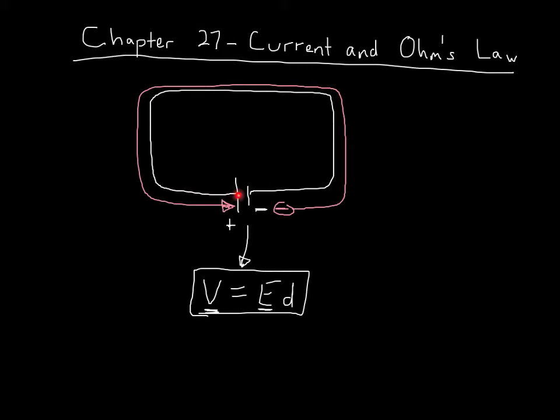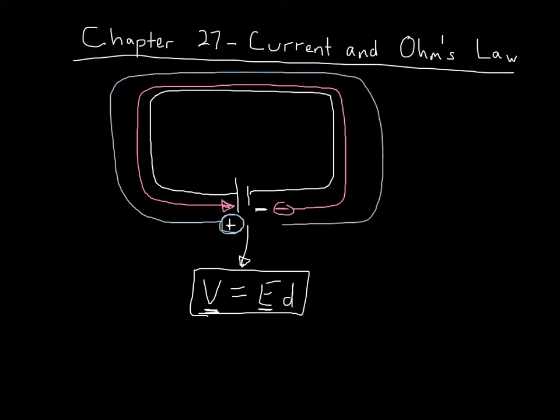One of the things that I find most confusing about current, though, is that we don't look at what physically happens, we look at what we imagine would happen if positive charges moved. So positive charges are going to flow around the circuit in a clockwise direction. They're going to go from the positive end into the negative end.